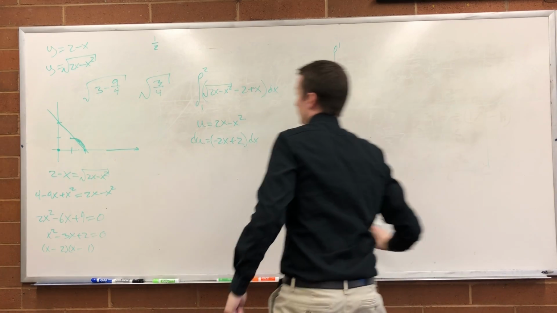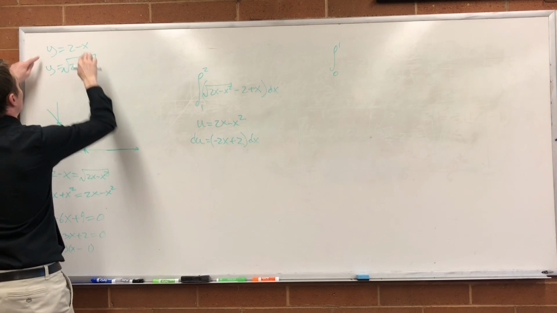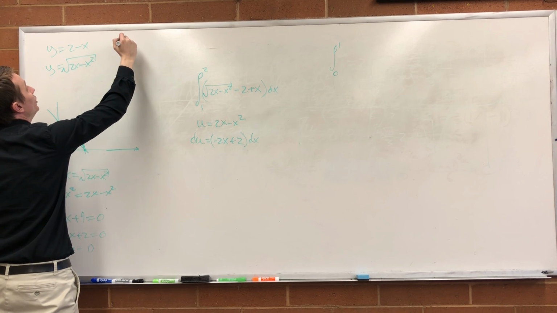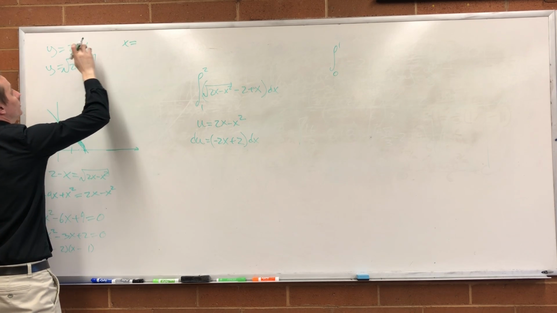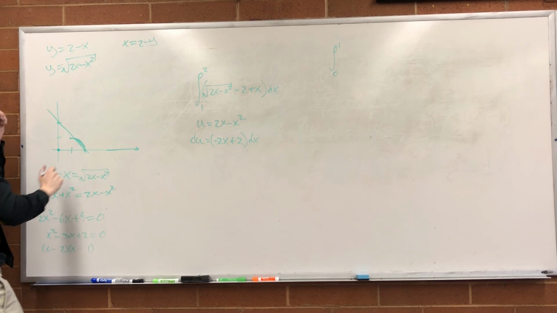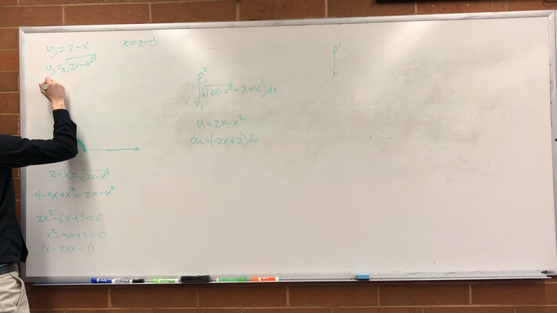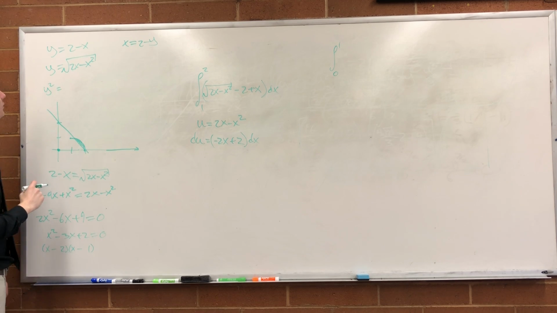So when we solve this one for x, we get x is equal to y minus 2, we'll swap those. And here we have y squared. We're not going to be able to easily solve that for x.